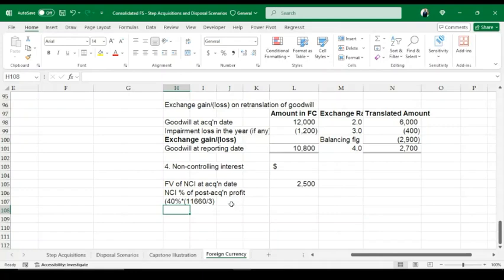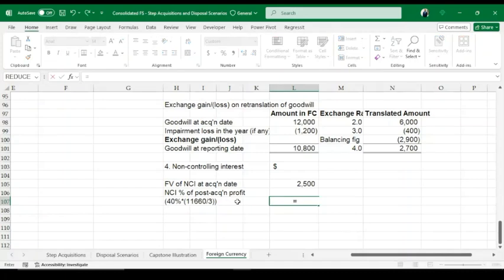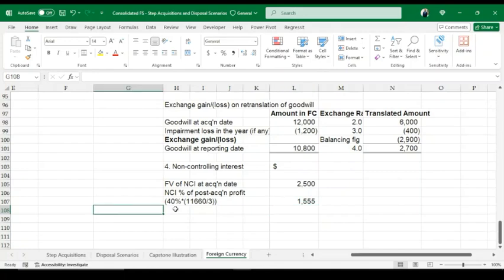So actually, it's supposed to be double. All right, so I can quickly come here and do that. So I have my equals 40%, which is 0.4 times bracket open 11660 divided by 3. I can close my brackets and have that. So that will give me 15555. All right. What again do we have?